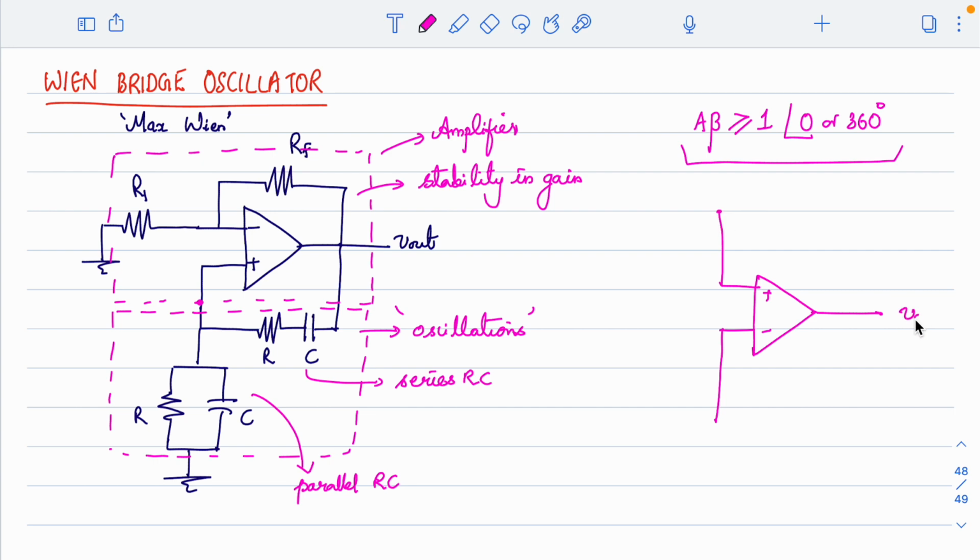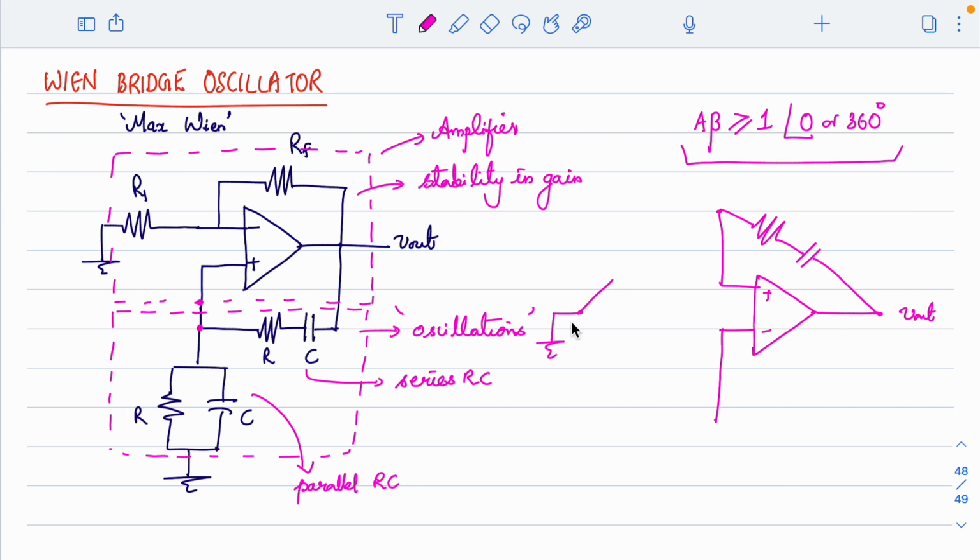here this is your output terminal V out, and if you look at this, from plus to output you have a series RC. So I am just redrawing that, R, and this is C. Now from the same point, that is from this point to ground, you can see there is a parallel RC. So I will consider this as a ground point.